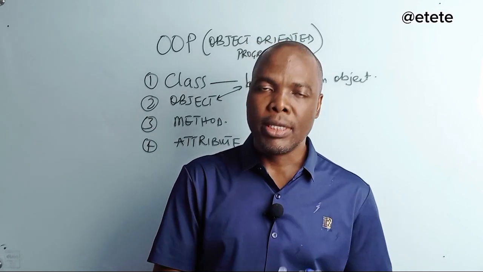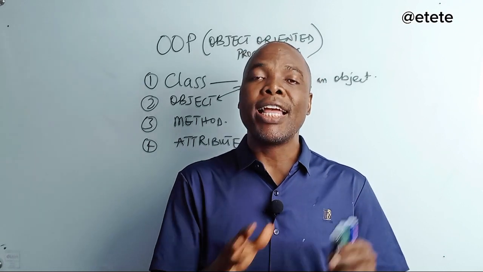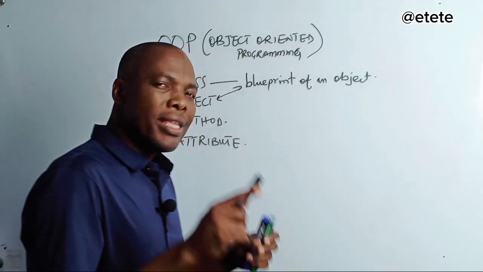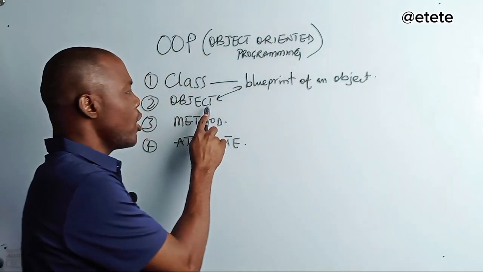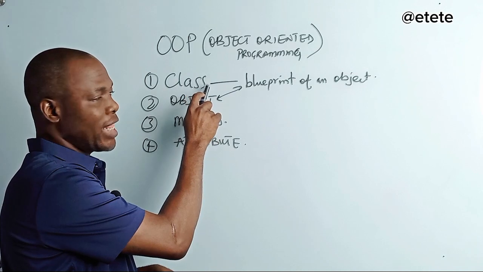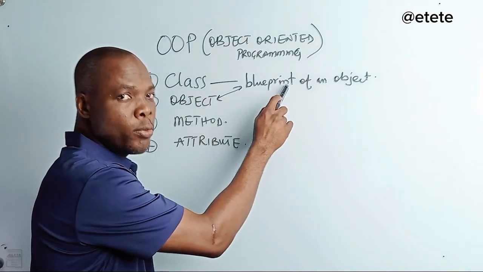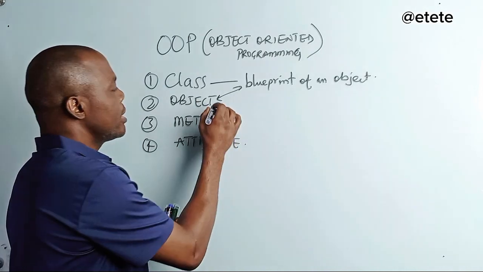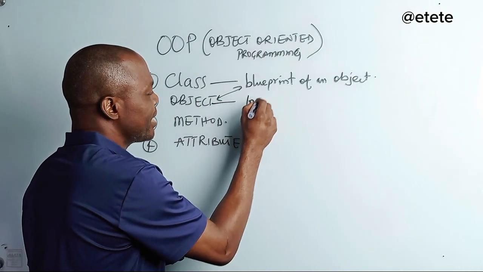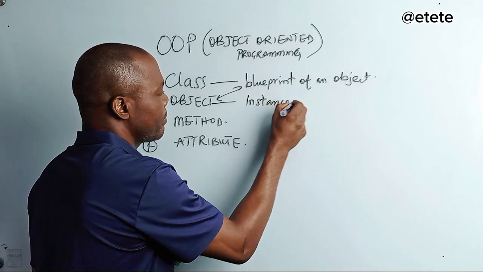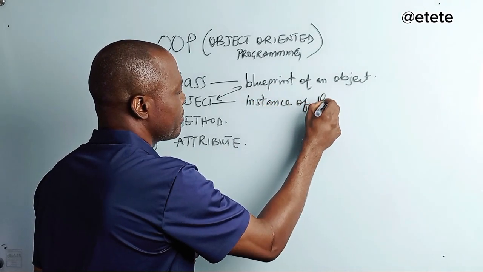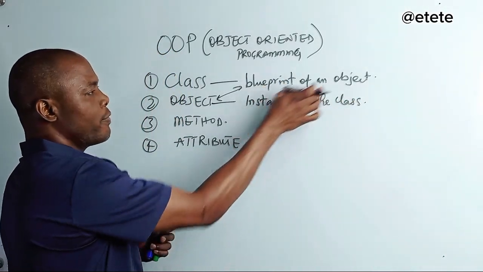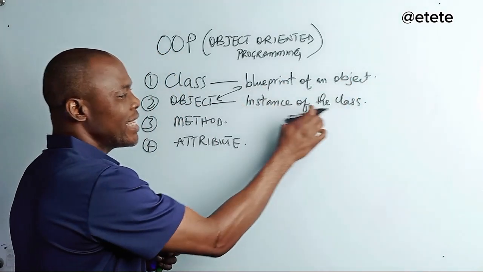You now take the architectural design and give it to an engineer who is going to build the house. So the house itself is the object of the class. The class is the blueprint from which this object will come out. So this object is an instance of the class. This is a blueprint of the object, while object is an instance of what? The class.